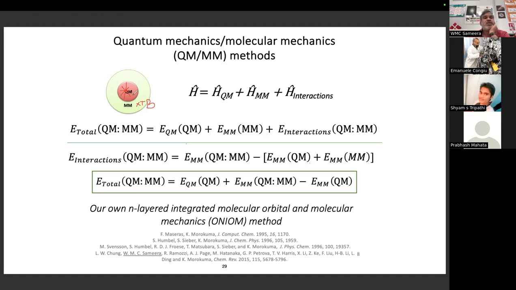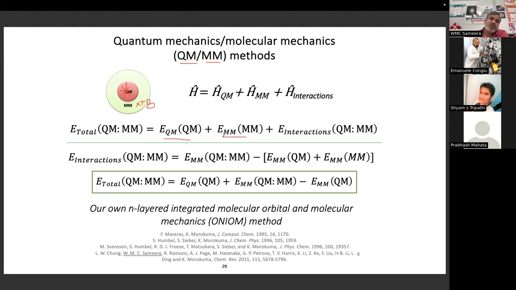This is called hybrid QMMM, quantum mechanics, molecular mechanics. And if you want to compute the energy, the total energy expression is quite simple. Here you have the energy of the quantum mechanical region.